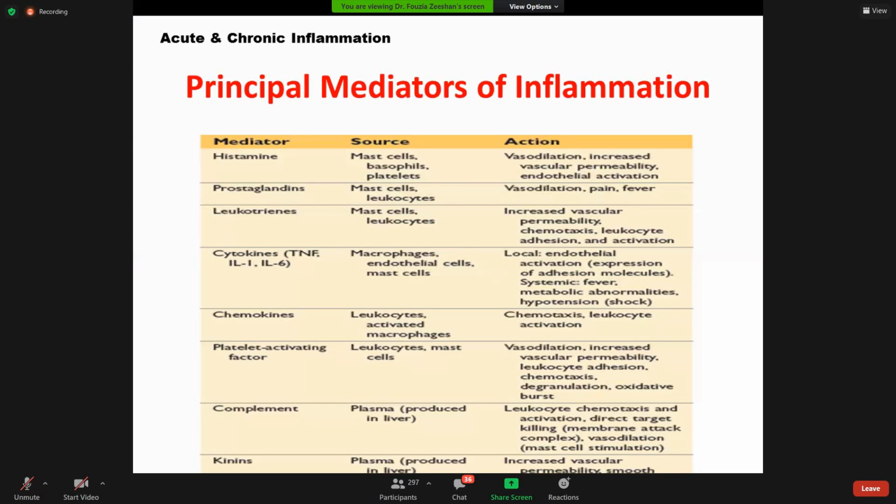Whenever I say something is very important, it is important from an examination point of view. So this table is very important, in which the histamine, prostaglandins, leukotrienes, you should know their mechanisms of action and their sources as well.